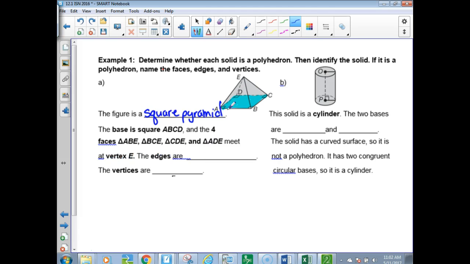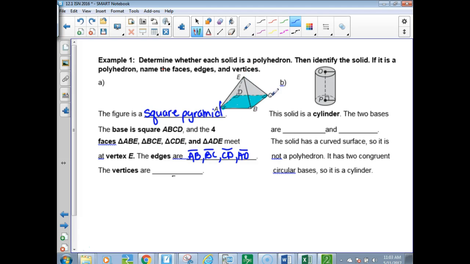The edges are all of the segments that you see. On the bottom, AB is one, BC is another, CD, and then DA or AD. Those are all the segments on the bottom. Those are all edges of the base.